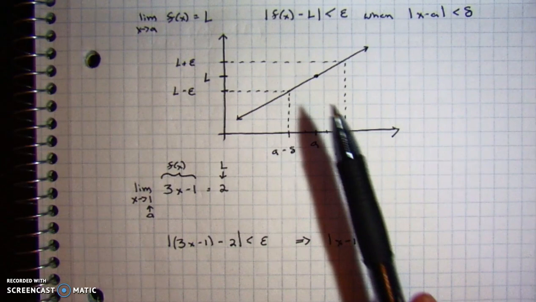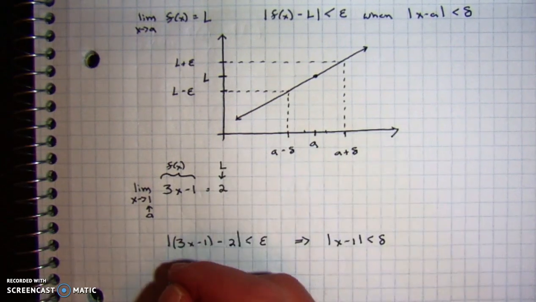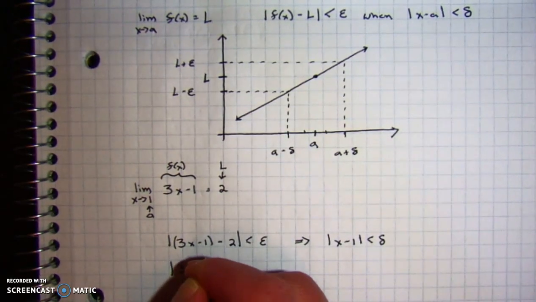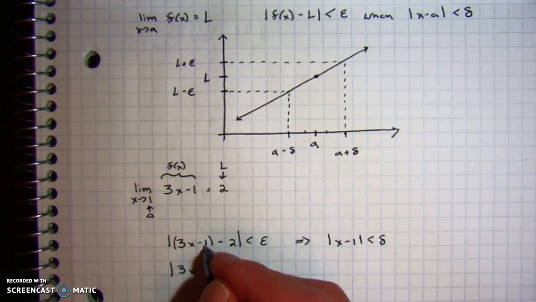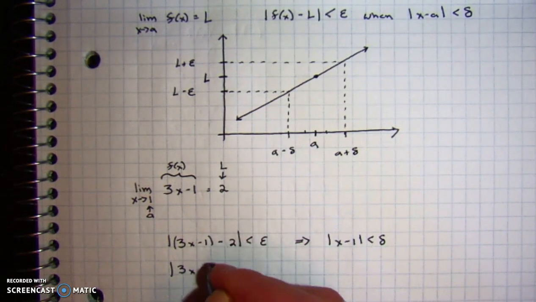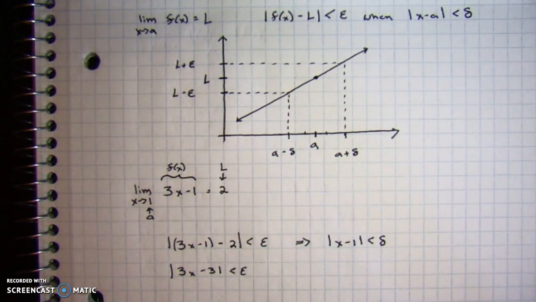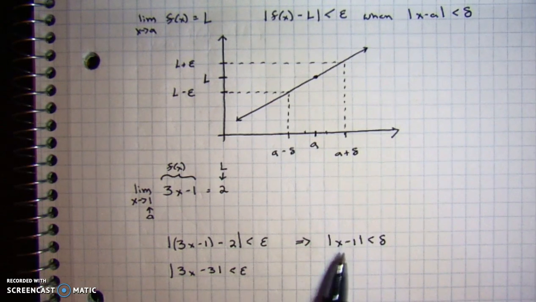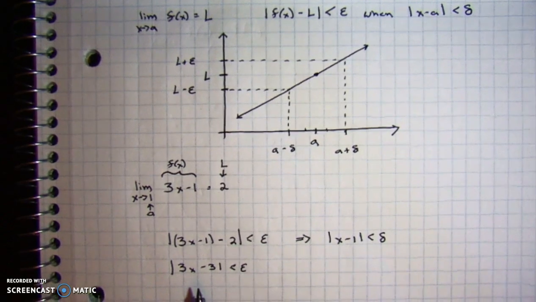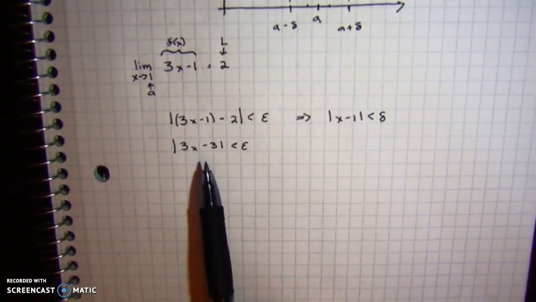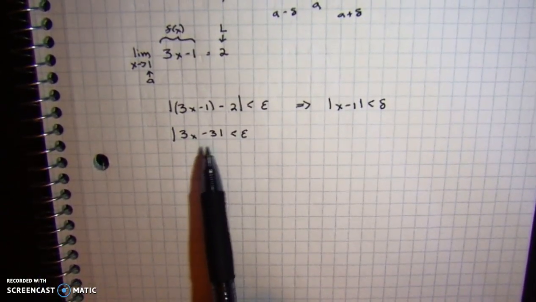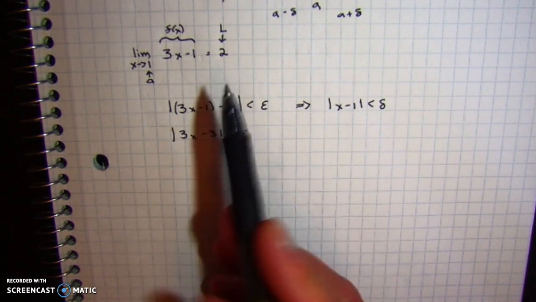All right, so this is going to give me |3x - 1 - 2|, that's |3x - 3|, and that's less than epsilon. Now, looking at this, I say, okay, if I want it to look like x - 1, I could conveniently divide a 3 out of each of these.